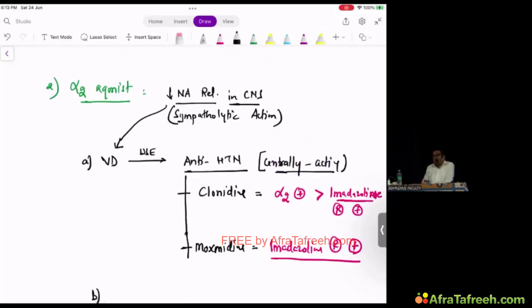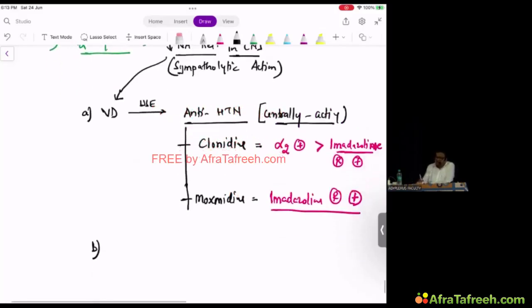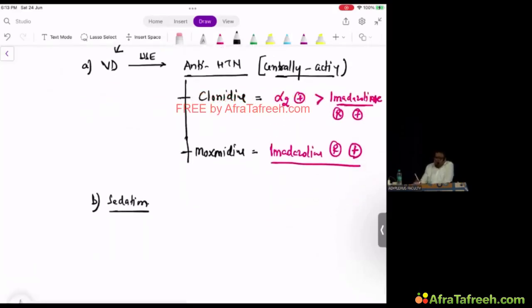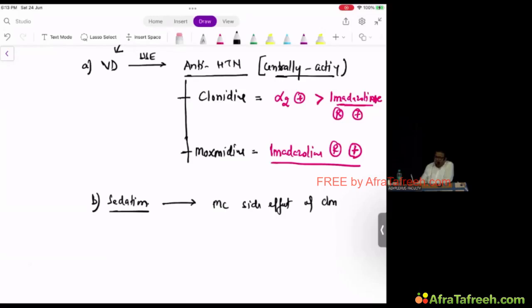Second, when NA release decreases in CNS, what is the second action? Sedation. You feel sleepy. Effect number 1, vasodilation. Effect number 2, sedation. So tell me, what is the most common side effect of clonidine? Sedation. Clonidine is given for which disease?